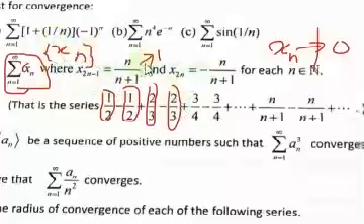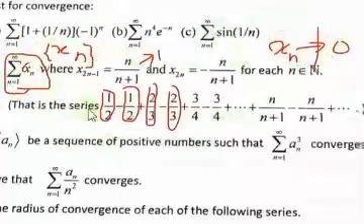This one converges to 1, which is a non-zero value. That means the original sequence does not converge to 0 as n tends to infinity. So if the limit of the original sequence is not equal to 0, this series is not convergent, and therefore this one is not convergent, right?